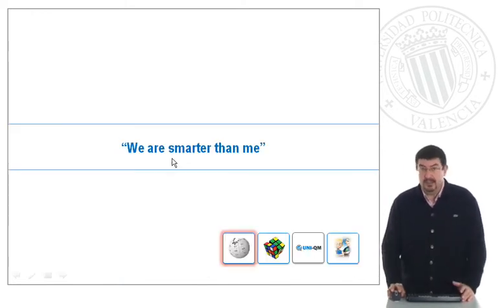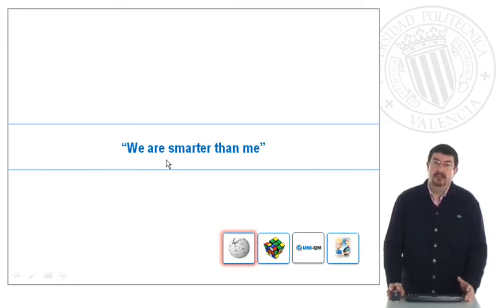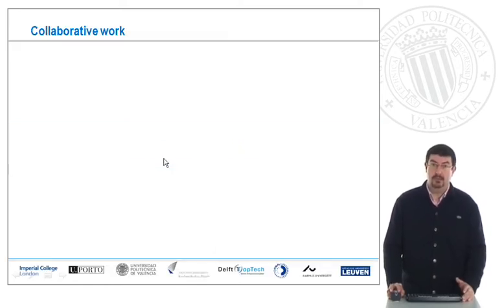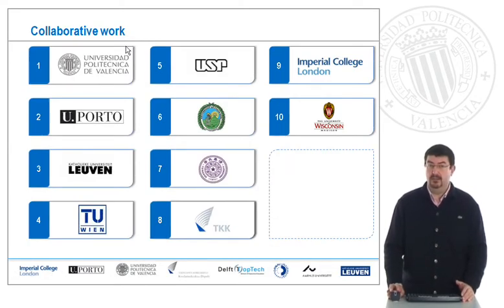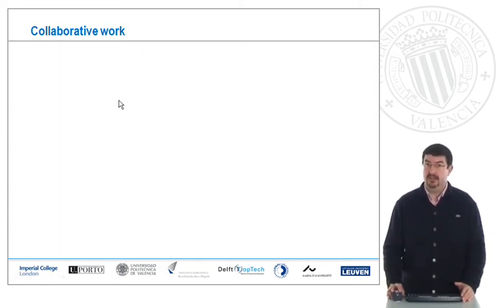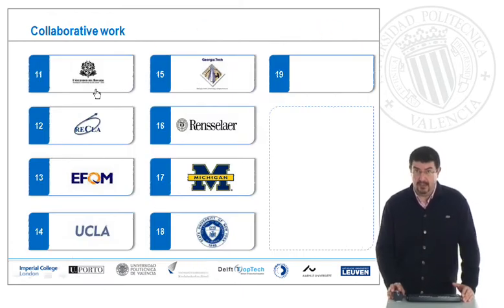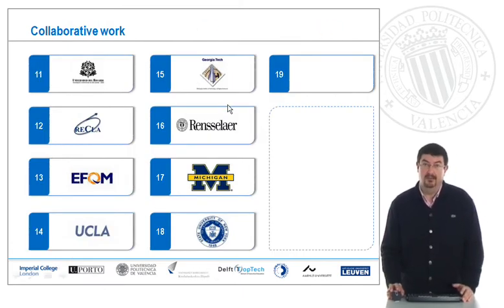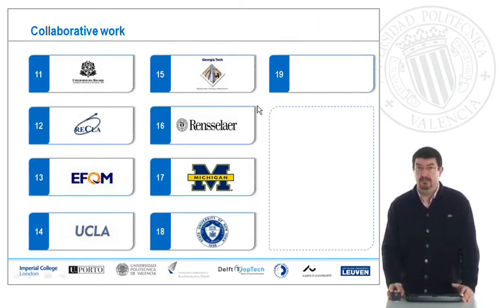These projects have been the result of intensive collaborative work with different institutions from the States, from Latin America, from Europe, from Asia, and the final result is something that is really open.